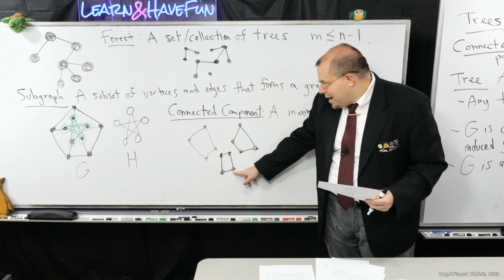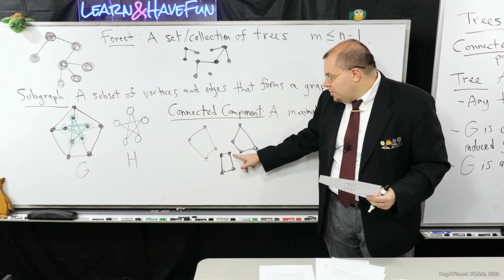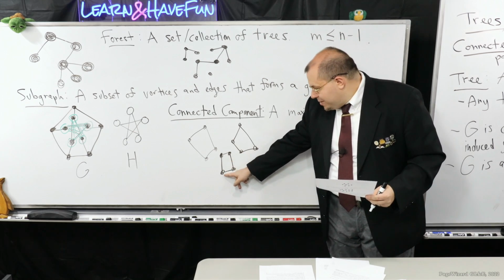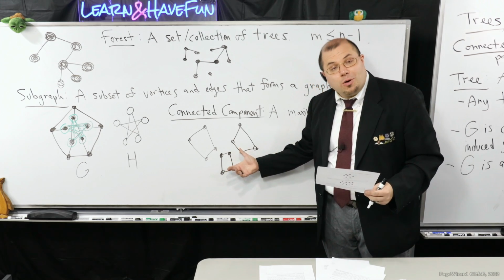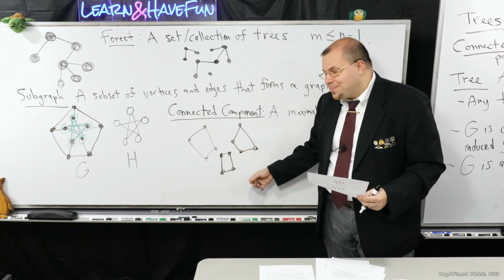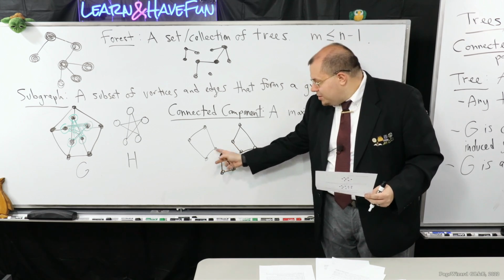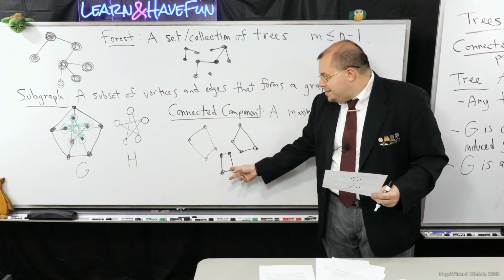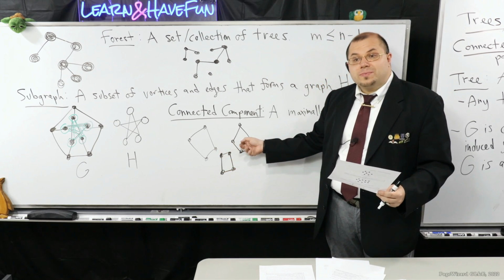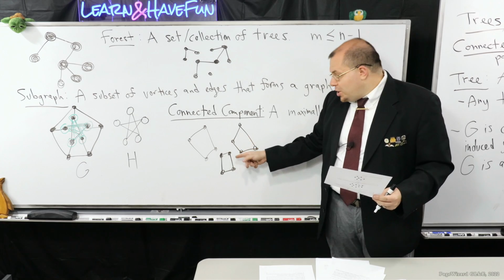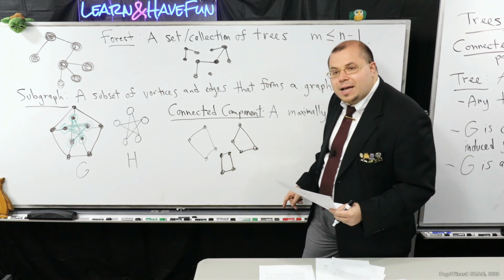I could include more vertices and edges. Notice that there's these ones right here. I could extend this. There could be more edges in my subgraph. I can keep extending out this subgraph until I've included these 4 vertices. Since these cannot reach these vertices over here, I would call this box right here a connected component.